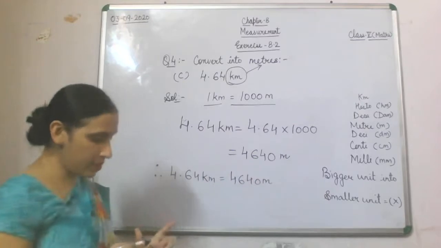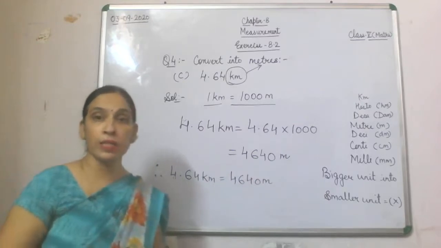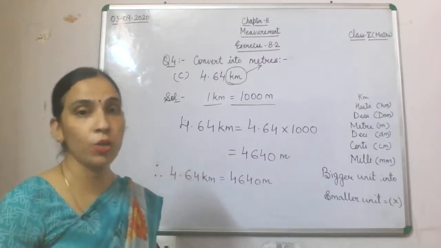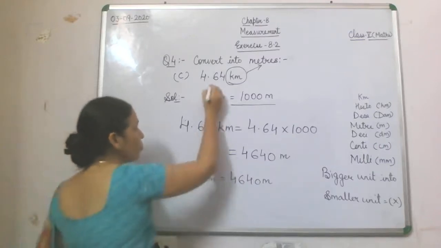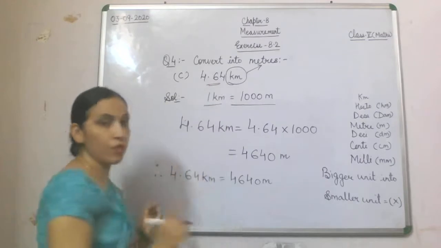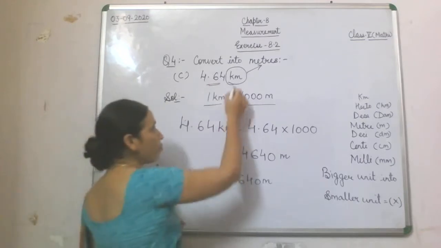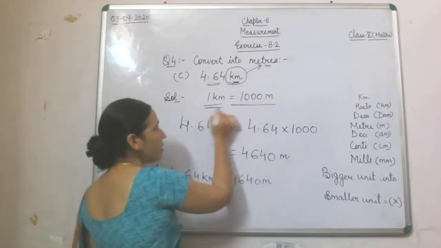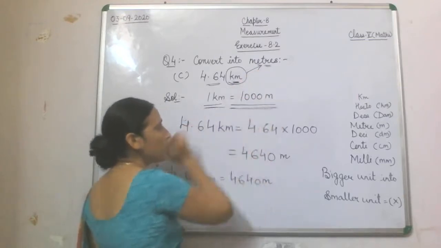So what have we done in this question? In this question you have been given 4.64 kilometer. Now the first step is to find a relation between kilometer and meter. That we have written here, 1 kilometer is equal to 1000 meter.